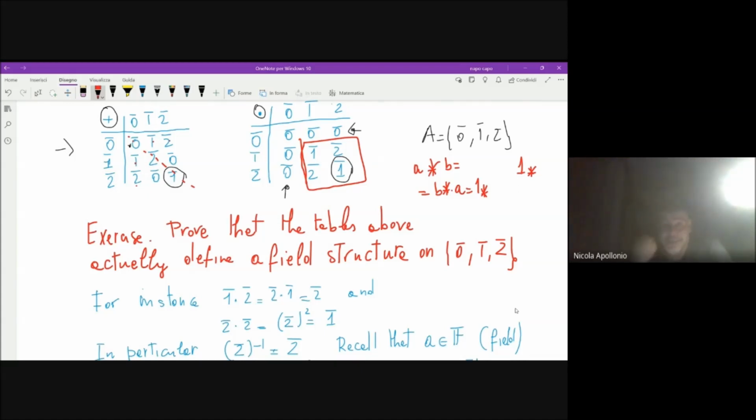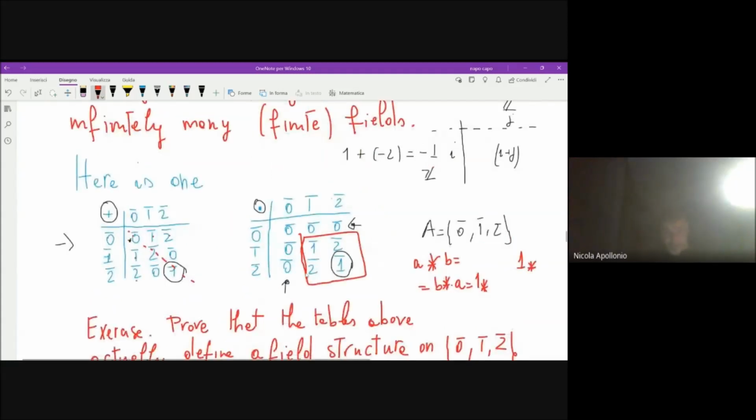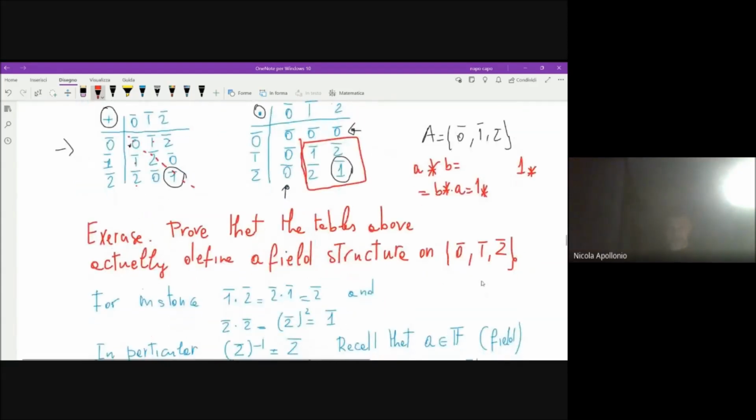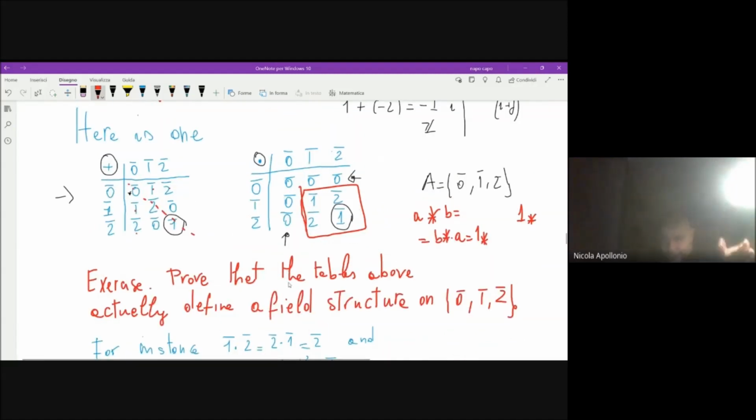These two tables give you a structure of field on the set 0 bar, 1 bar, 2 bar, where a field is a set equipped with two operations. This is the case. We have two operations, each having its own neutral element, 0 for the sum, 1 for the multiplication, but you can call them whatever you like. It does not change the meaning.